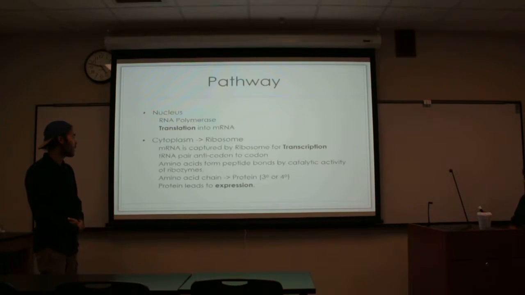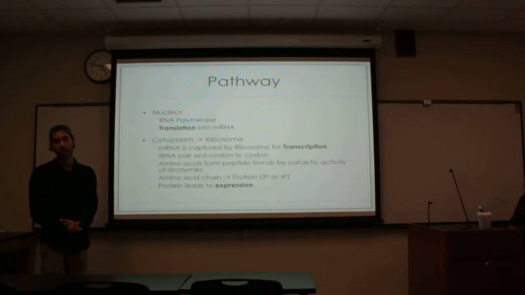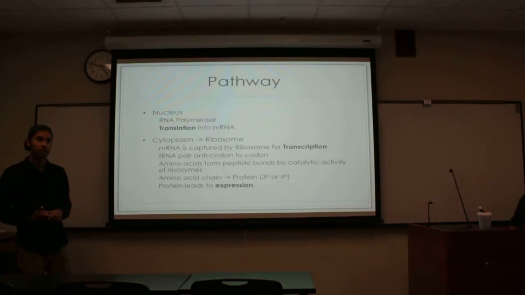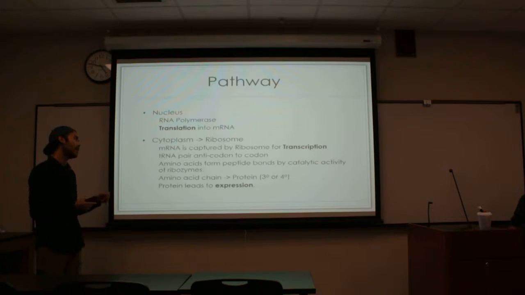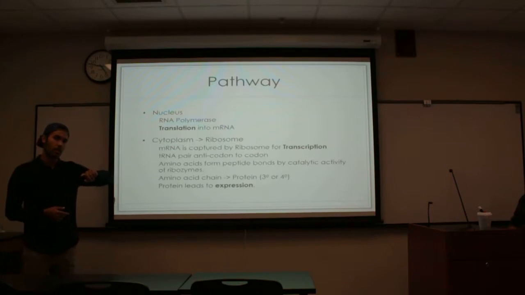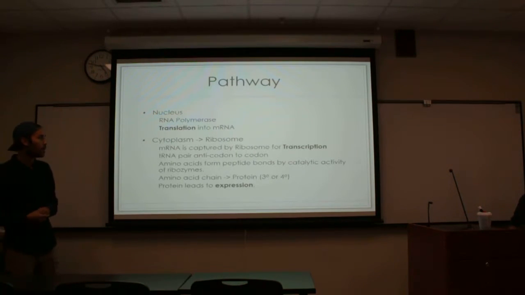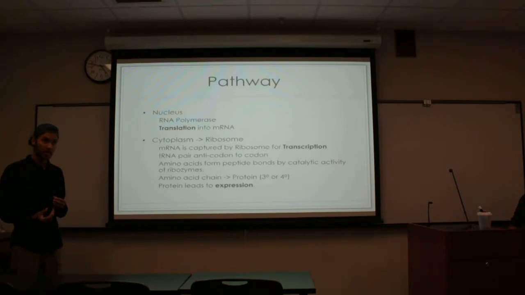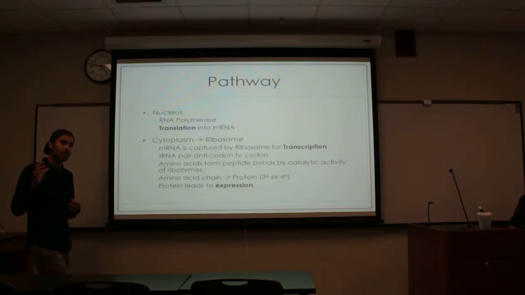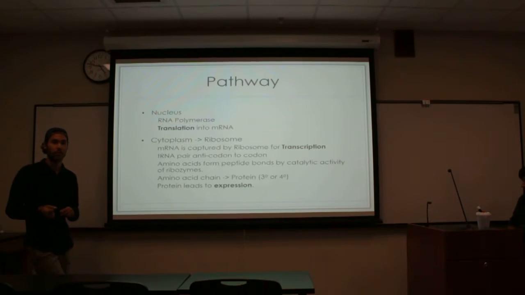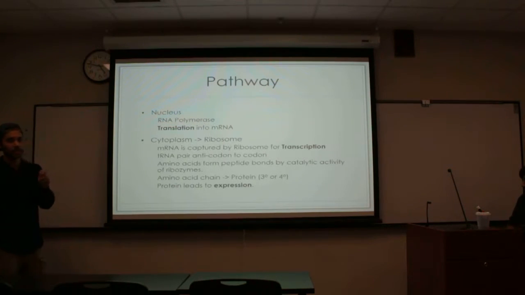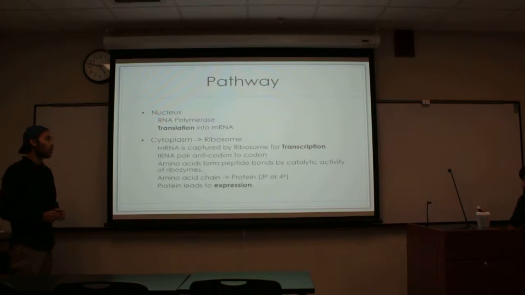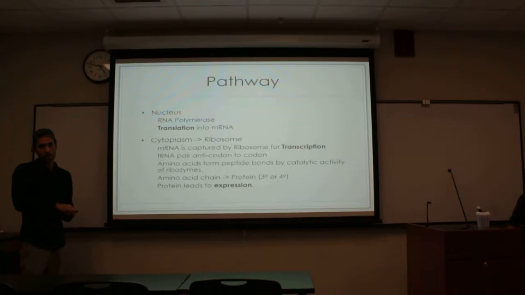Once that mRNA gets sent out into the cytoplasm with its 5' cap and poly A tail, it is going to be captured by a ribosome, specifically the small subunit. Once it's captured by the small subunit, an acetylated tRNA, which is just a tRNA that has its amino acid on it for methionine, which is basically the starting amino acid, will bind to that captured mRNA.